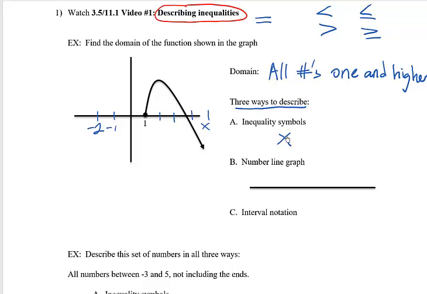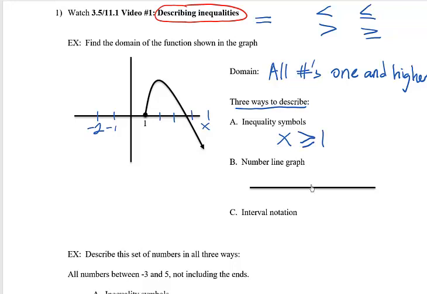I would be saying x can be anything that is bigger than 1, and actually it can also be equal to 1, so I have to put that on as well. So all x's that are greater than or equal to 1. That's the inequality symbol way of writing the domain.